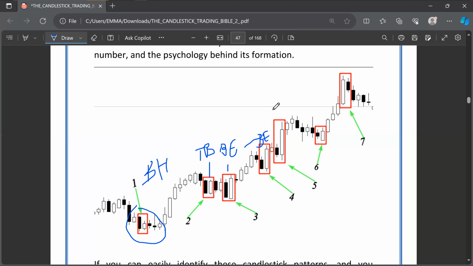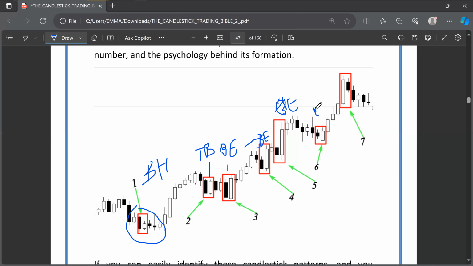The fifth one is also bullish engulfing. The sixth one is also bullish engulfing.